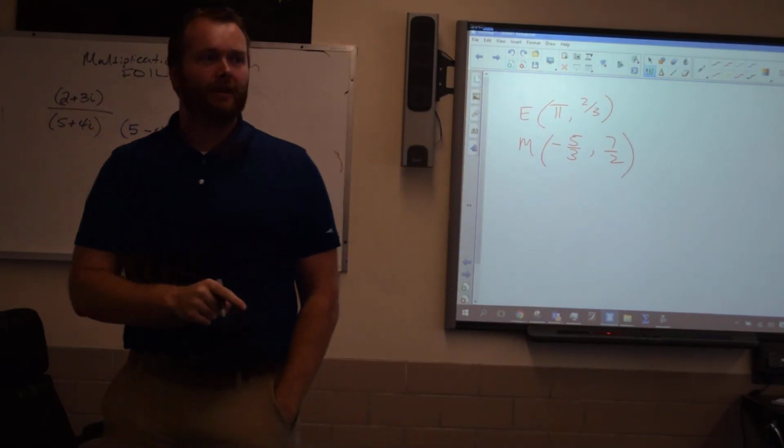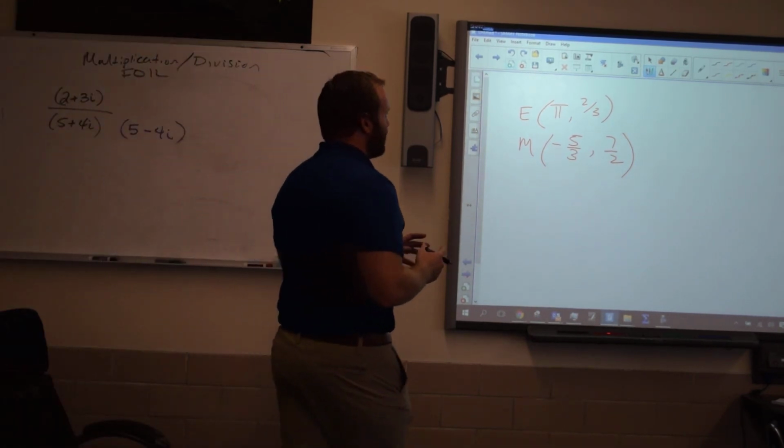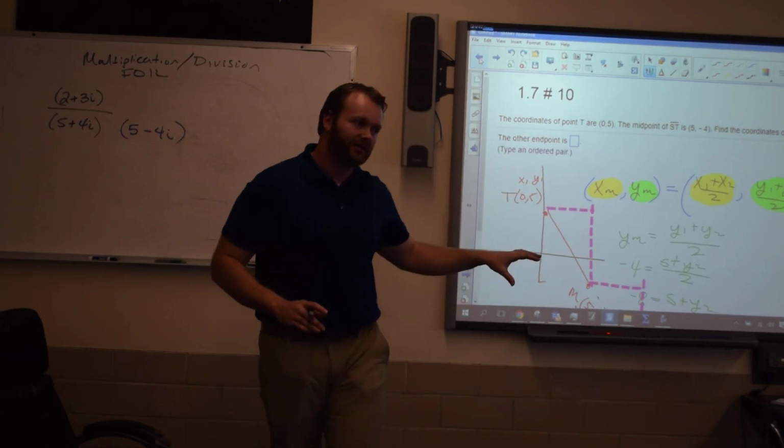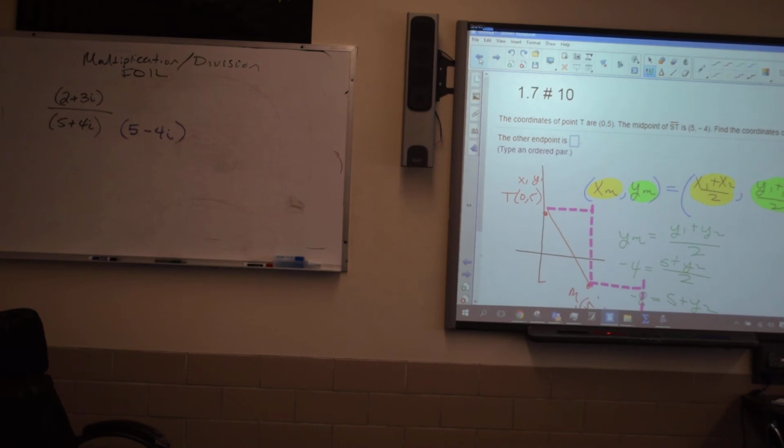Can I do that anymore? No. It's really hard to count over pi units, or to move over 2/3 in the coordinate plane. So what I always show in class is a way that will always get you the answer, regardless of the types of values you start with. If all your ordered pairs are nice, neat integers, you can go ahead and use that counting technique.